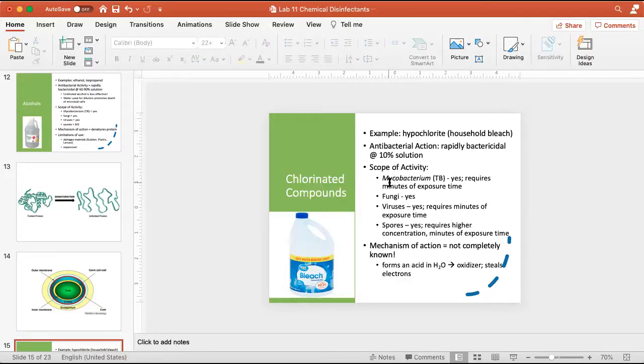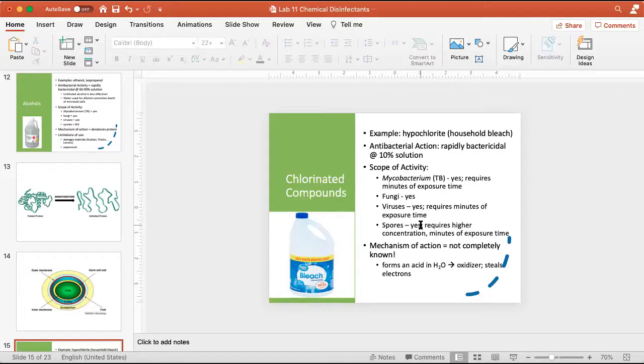It literally takes minutes of exposure time. So you can't spray it and wipe it and kill the TB organism. For fungal cells, yep, it works well. For viral particles, once again, it'll work, but you've got to put it on the surface and leave it there for several minutes. And finally, spores, it actually will work on spores.